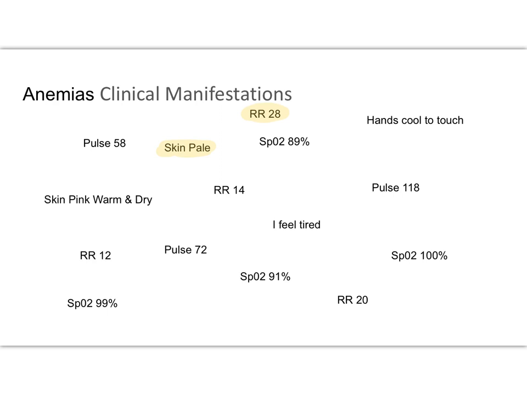What else? Tired, fatigue. Yeah, our cells aren't getting what they need. What else shows up? Pulse. Which one? I've got 58, 72, 118.